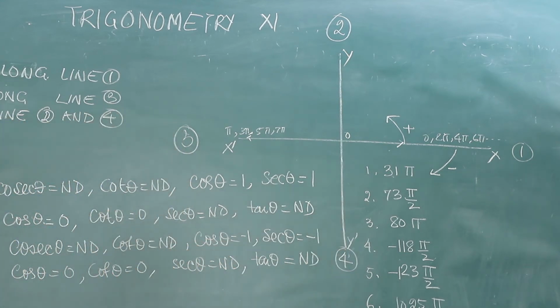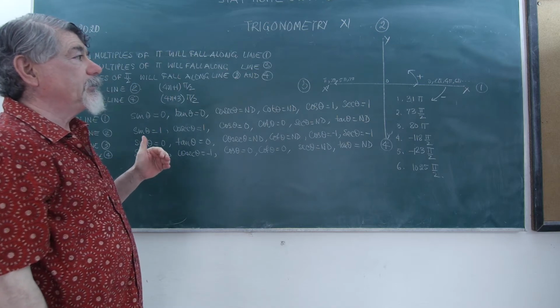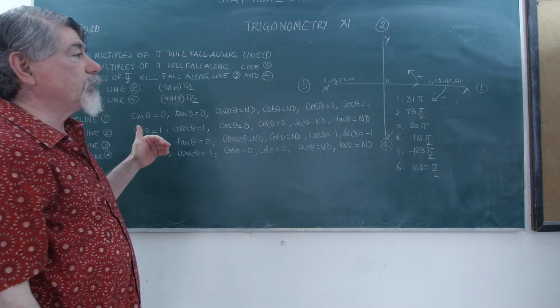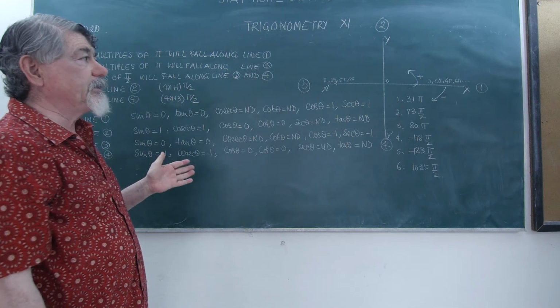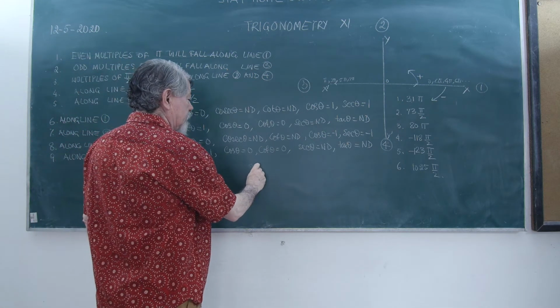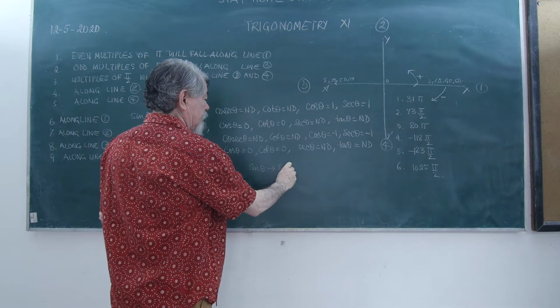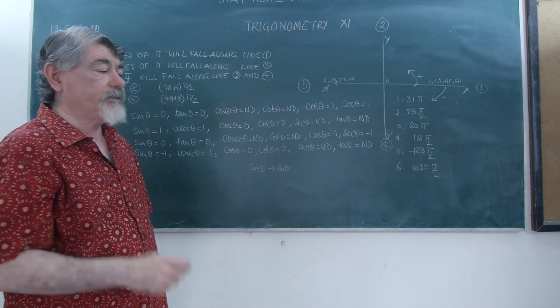The thing which you have to remember clearly is that when the points or angles are falling along line 1 or 3, there is no change. Sin theta will remain sin theta, cos theta will remain cos theta, tan theta will remain tan theta.